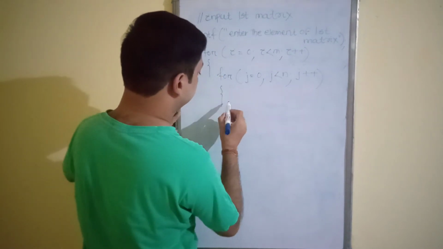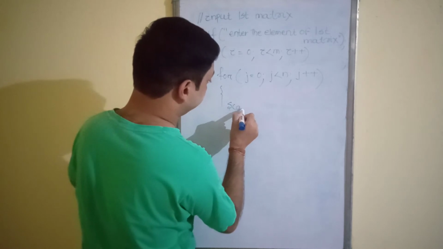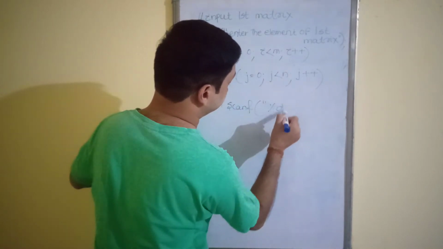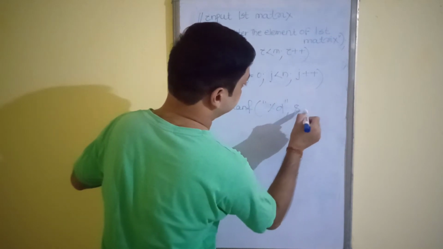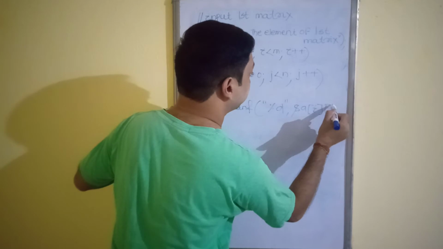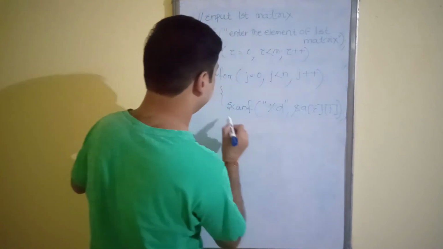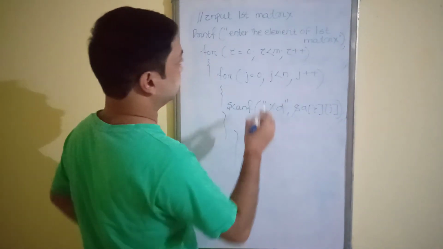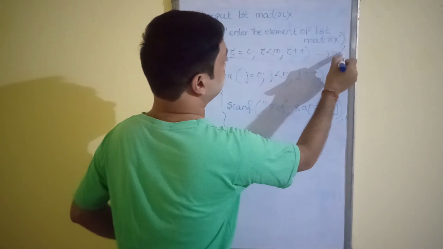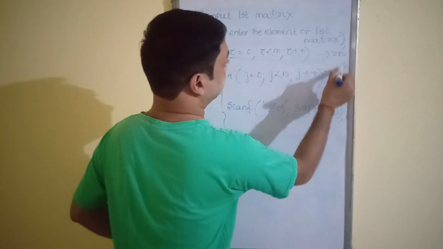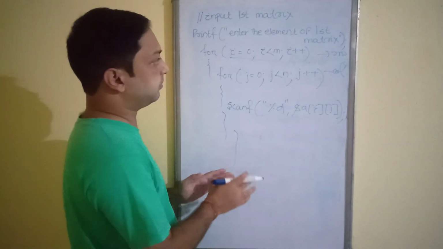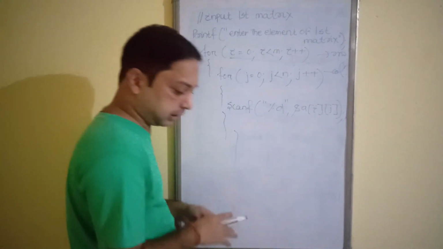Similarly here I can input it through the scanf, that is scanf %d, &a[i][j]. So this is the simple way how to input the first matrix. This is for the rows, and this is for the columns. So this is the first matrix we have inputted. The second step is over. Now move to the third step.